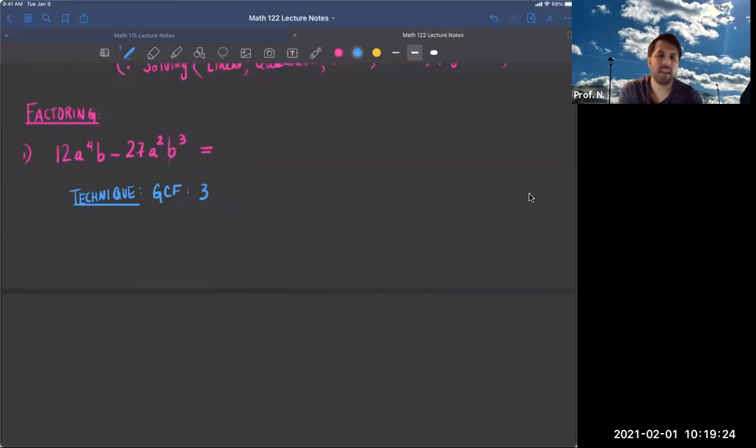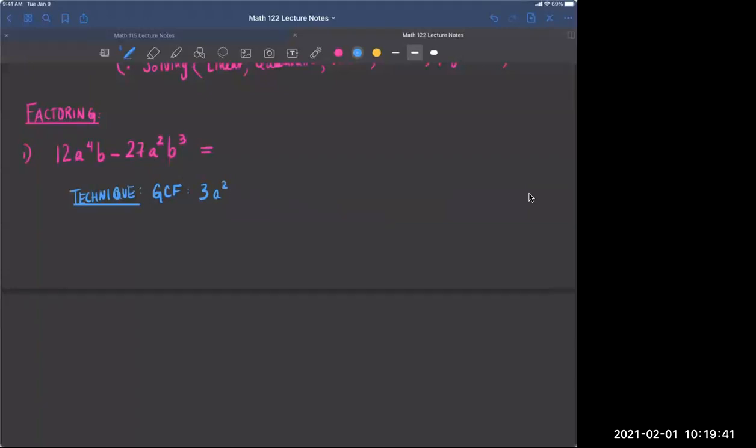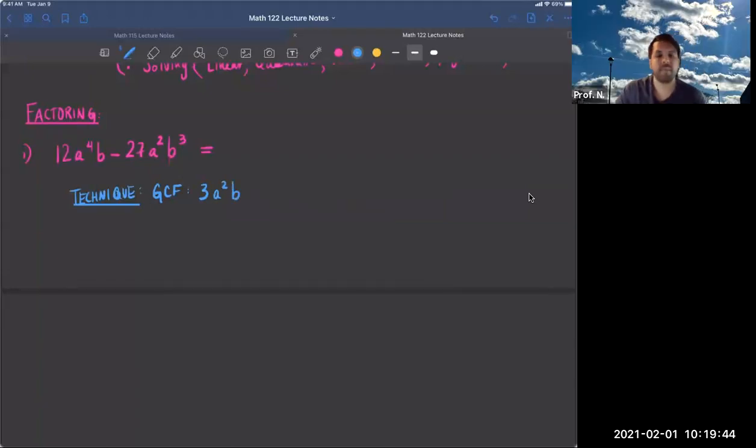So how many a's can you factor out? A squared. That's very good. So a squared. And how about the b's? How many b's am I going to factor out? Right, just one b. So 3a squared b, that's my GCF.